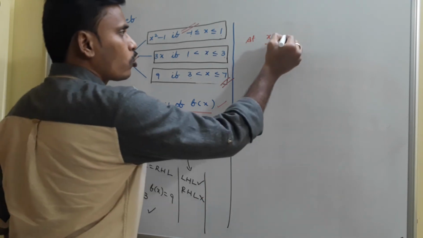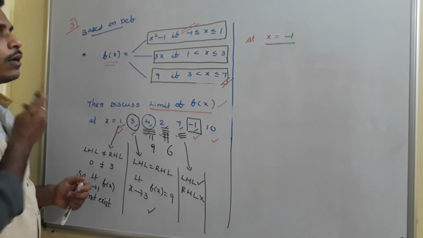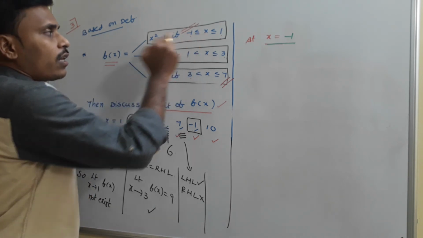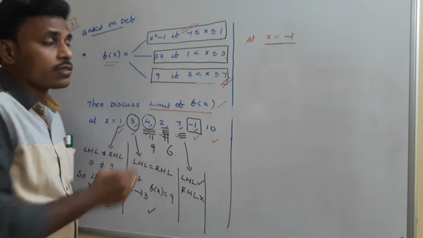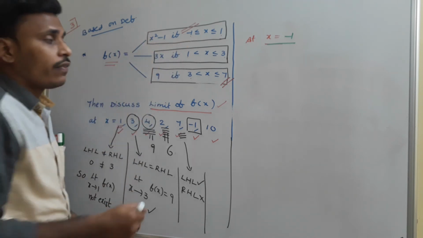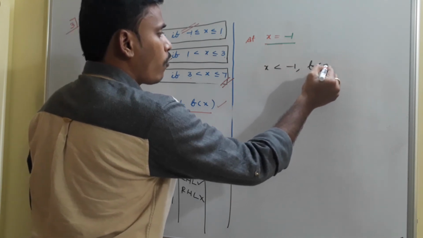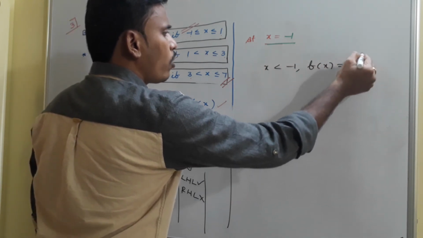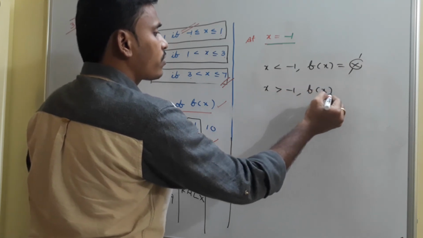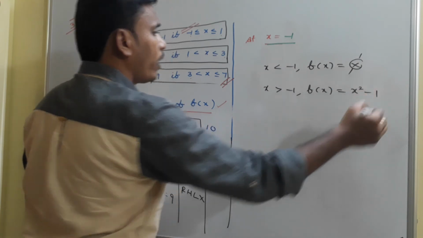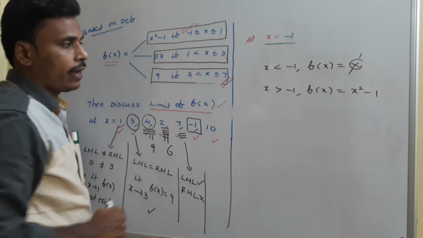Minus 1 less than or equal to x means x greater than or equal to minus 1, the function exists, but left of minus 1 there is no definition. For x greater than minus 1, f of x exists, and its rule is x square minus 1.